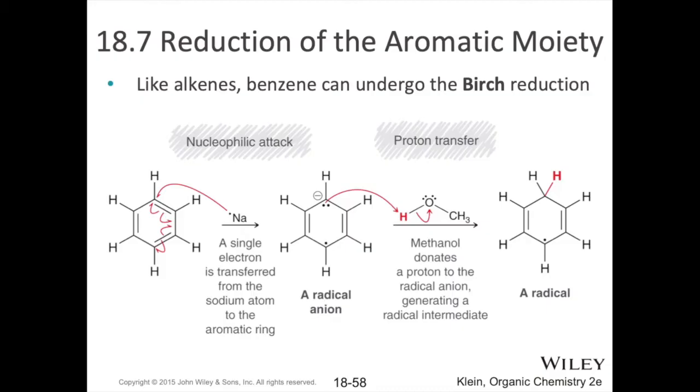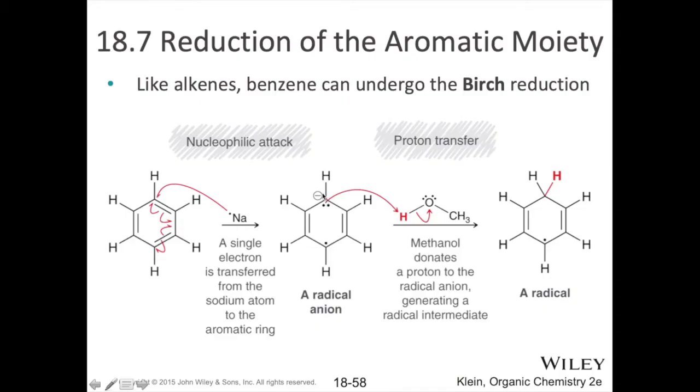You're pushing way too much electron density on that carbon, which is not particularly electronegative. So for an electron donating group, this would not be a stable anion, and that's why the carbon that the electron donating group is attached to cannot go on to become that sp3 carbon. But for an electron withdrawing group, it does make sense.